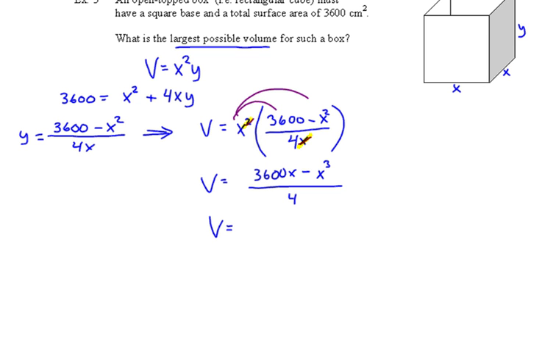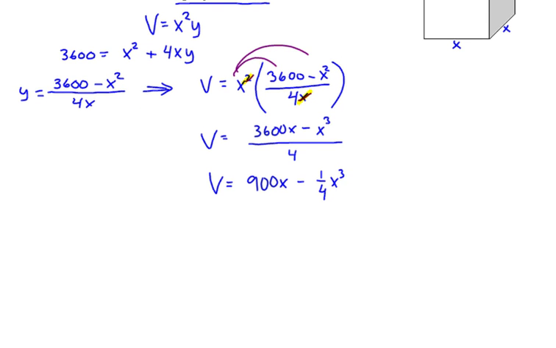Okay, so 3600 divided by 4 is 36 divided by 4. 900. So 900 minus 1/4 x cubed. So that's a little nicer. A few ways you could have simplified that, but now are we ready to derive? Yes, we just have two variables. Looks pretty. There's nothing else we really can do.